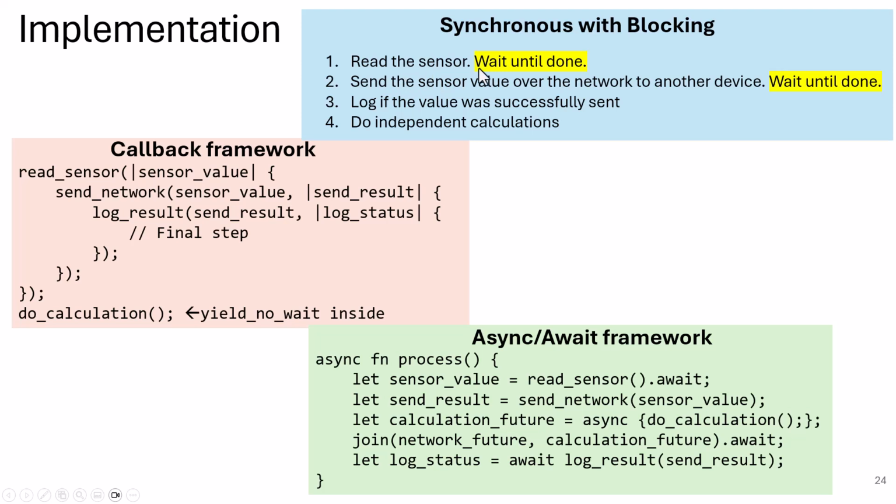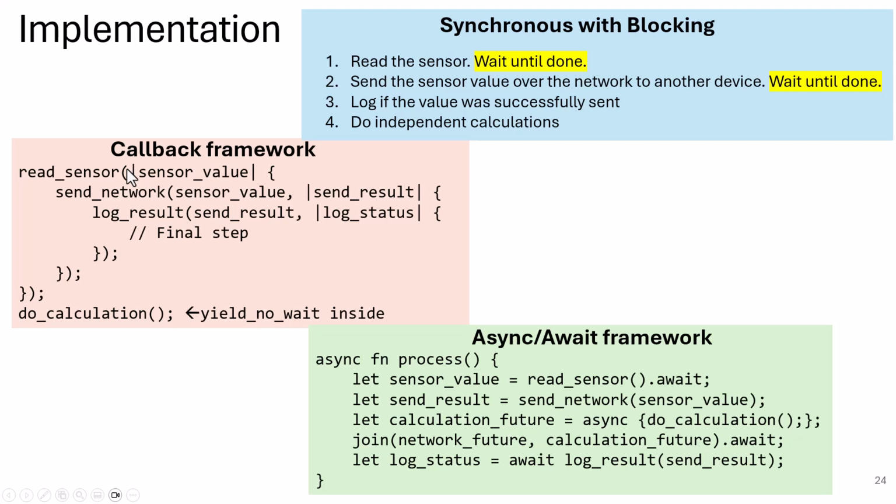So read the sensor, wait until it's done, read the sensor value, send that sensor value over the network to another device, wait until it's done, log if the value was sent, and then do independent calculations. So there's a lot of wasted time in waiting until it's done.